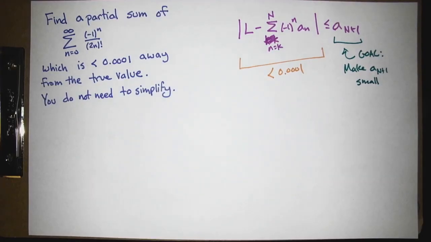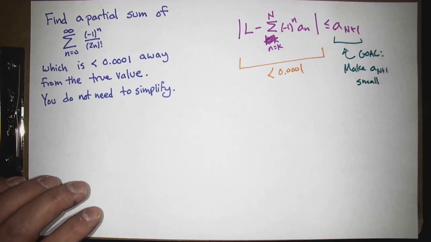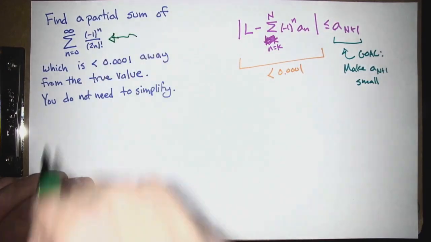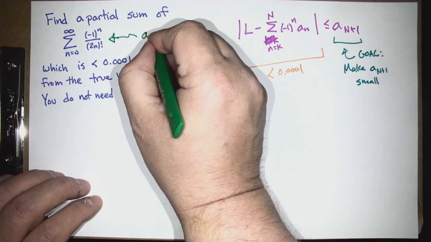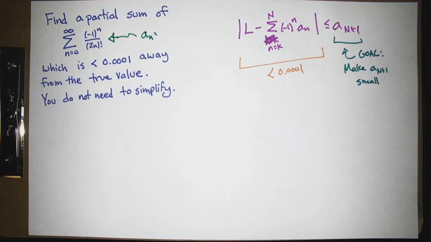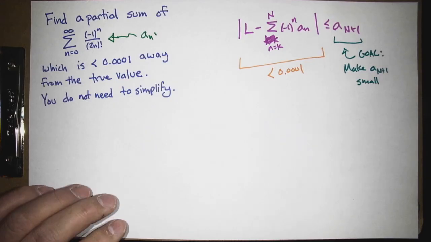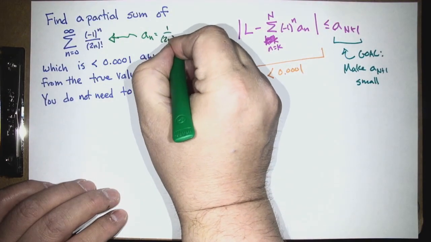Now, as soon as I know what term is small enough, that tells me where I stop my sum. What is A sub n in this case? If we have this partial sum, what does the A sub n correspond to? Yeah, it's the part that's not the alternating part. It's the 1 over 2n factorial.